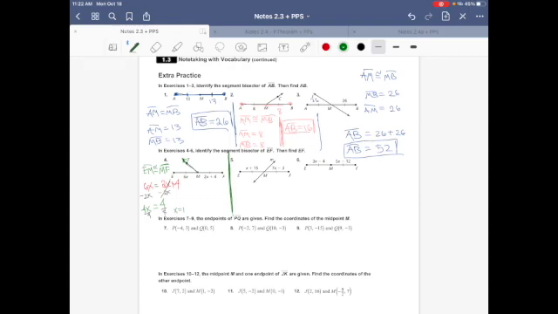Now, it doesn't say for us to solve for x. They need us to find the length of EF. So we're finding the length from E to F. And this is the step that everyone in class had trouble with. Now that I know x, I need to substitute it in for x.